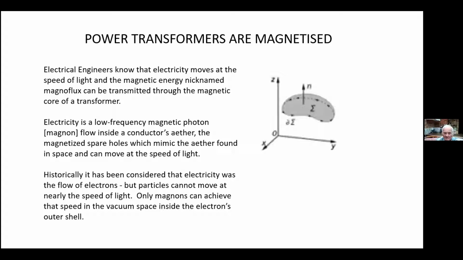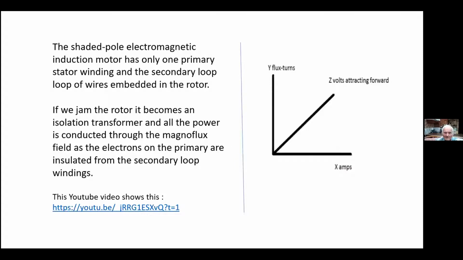The magnetized spare holes mimic the ether found in space and can be moved at the speed of light. Historically, it has been considered that electricity was the flow of electrons, but particles can't move at nearly the speed of light. Only magnons can achieve that speed in the space vacuum inside the electron's outer shell.